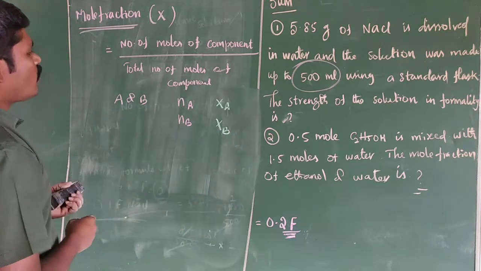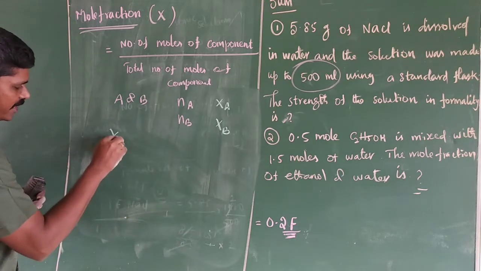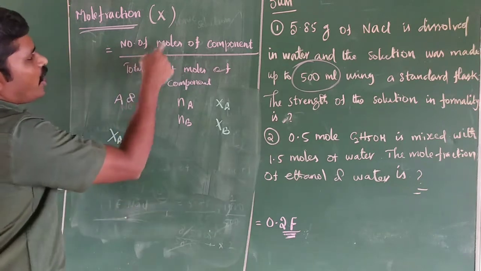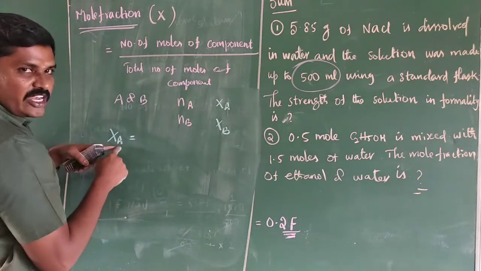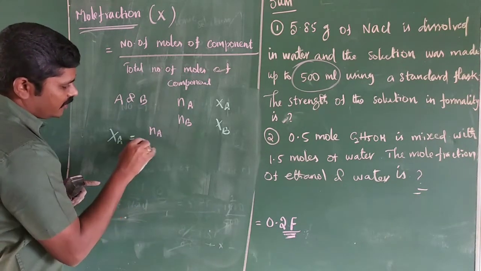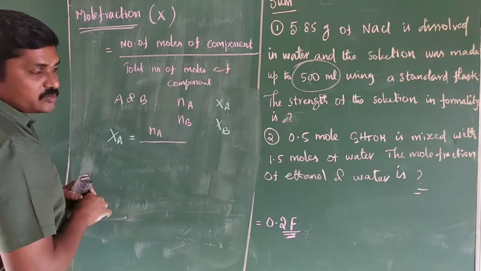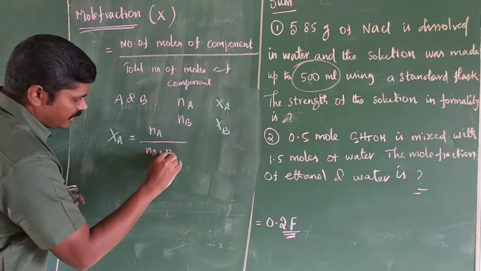So the mole fraction Xa is equal to the number of moles of component A, Na, divided by the total number of moles of components, Na plus Nb.